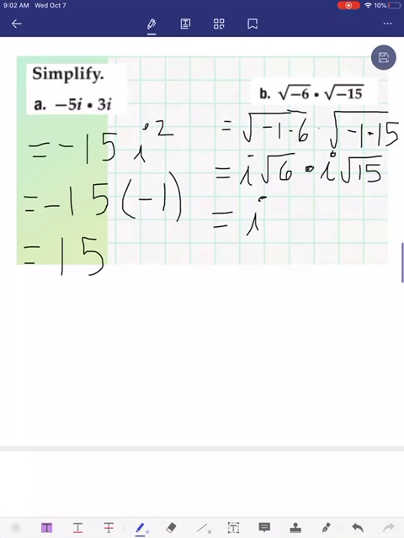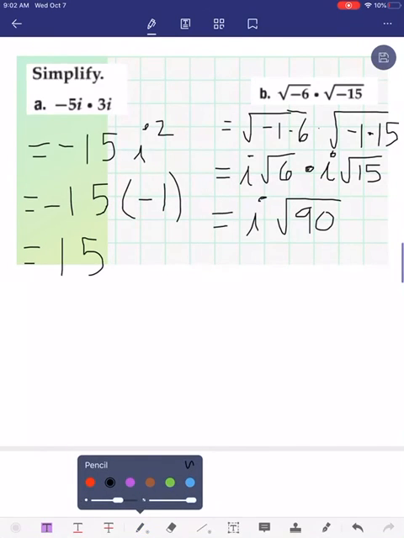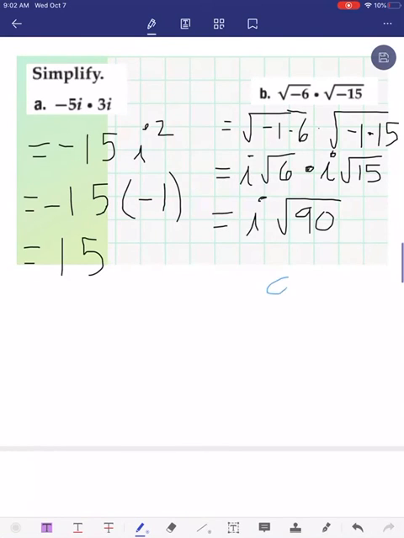So i times i gives us i squared. 6 times 15 gives us 90. And hopefully we can kind of see, well, if I break apart 90, again, I'm trying to think of things that have perfect squares. So 9 times 10 is going to give me a perfect square of 9. So I could rewrite the square root of 90 as the square root of 9 times the square root of 10.